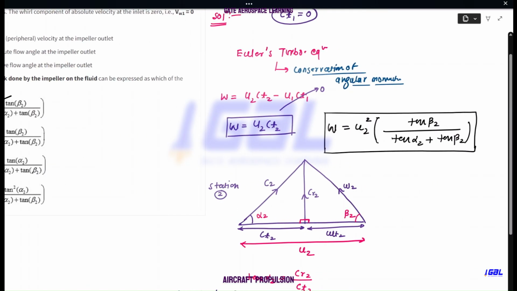So I hope you understood how to approach this question. First of all, because this is a slightly new question, we have not solved this kind of question even in the previous year GATE Aerospace questions. You will not find this kind of question from the centrifugal flow compressor, or even from the axial flow compressor. So you need to have a proper understanding of the velocity triangle.